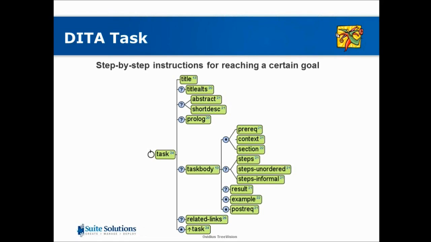Okay, so the task, as we see, is more structured. It has a title, a short description like the other one, a prologue, but instead of a body or conbody, it has a taskbody. And inside of the taskbody, now we can have more structure, more semantic information, like we spoke about last week, that talks about what's inside the document, what content is there, using the tags, the elements, to describe the content.